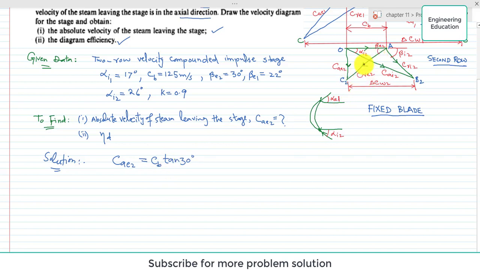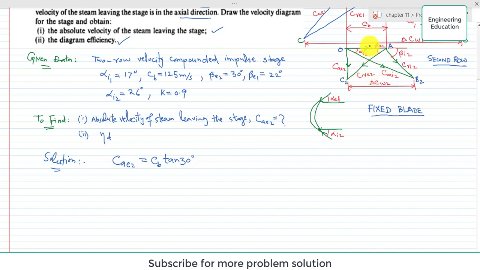Looking to this triangle, here we have CB as base and CAE2 is the perpendicular. So beta E2 is 30 degree. So tangent 30 degree is CAE2 by CB. So rearranging it for CAE2, we get CAE2 is equal to CB tangent 30 degree.